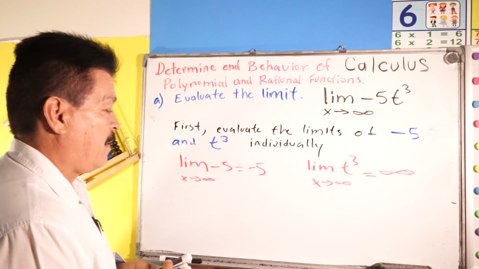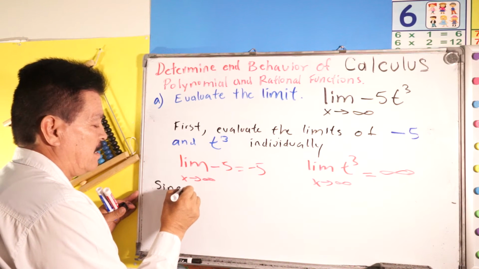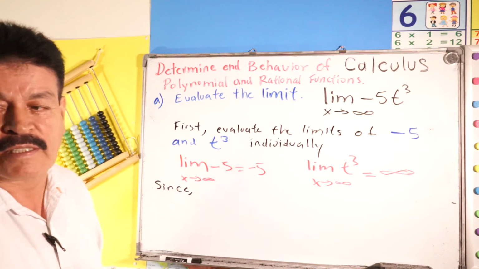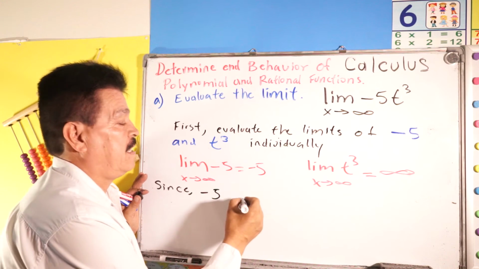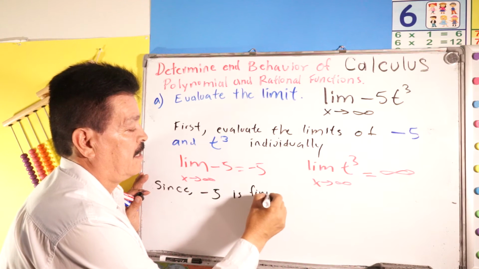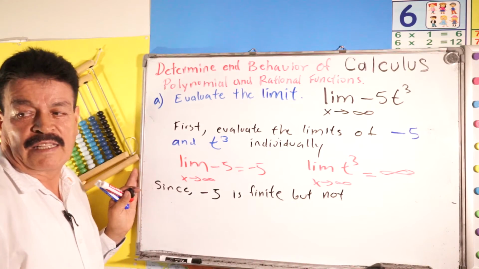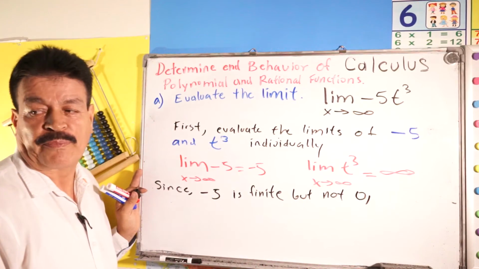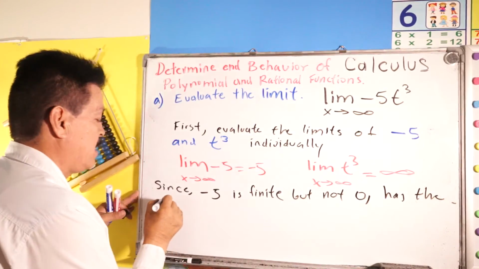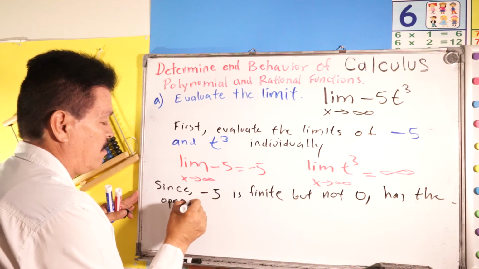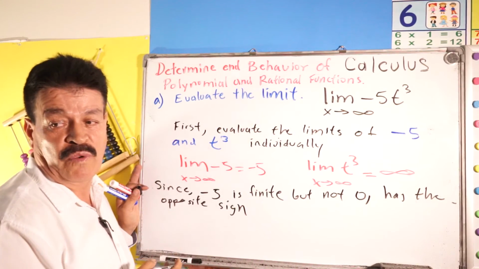Now, as a conclusion, negative 5 is finite but not 0, and positive infinity has the opposite sign. Remember the rule that I described before.